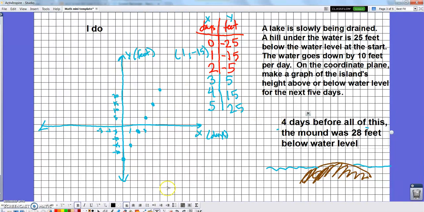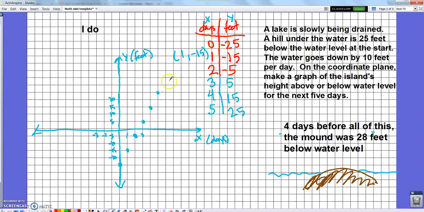So we might want to plot that point too. It's like saying 4 days before day 0, it was negative 28 feet. So that's one more ordered pair I can plot: negative 4 days, the other direction, negative 28 feet. And so I could put that too.